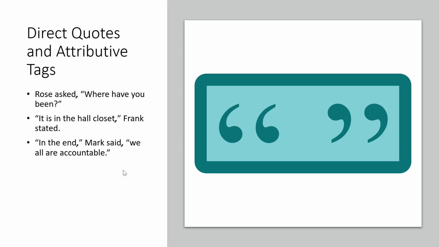And typically, periods and commas are always inside of quotation marks. Question marks, exclamation marks, colons, and semicolons come on the outside of quotation marks, except in the first example, because the quote is in fact the question, so you want to put the question mark inside of the quotation marks.